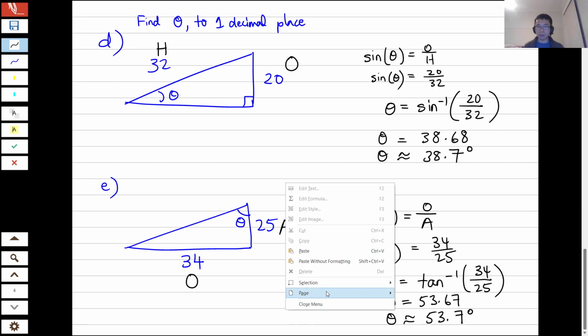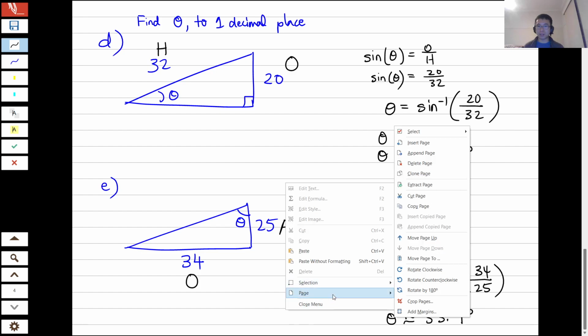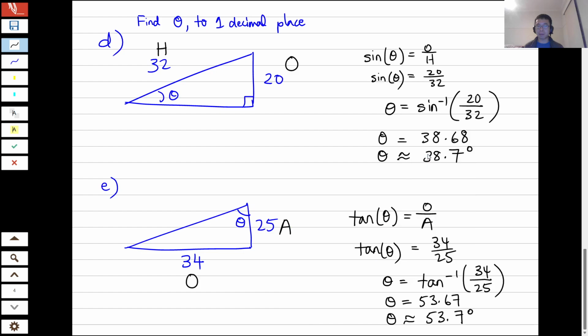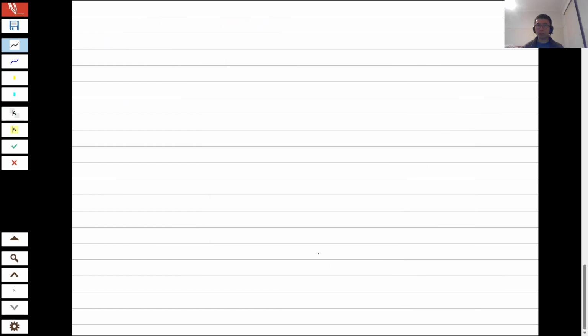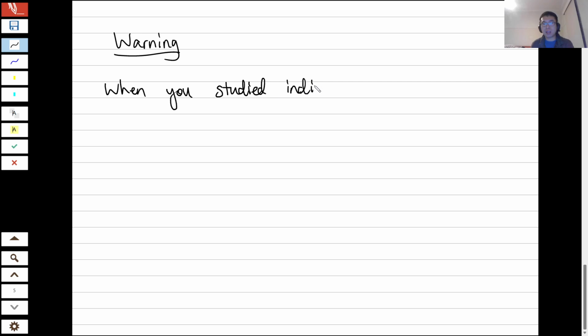And I think it's worth just adding one more comment before we wrap up for today, with a warning. And that is, when you studied indices, you wrote x to the power of minus 1 as 1 divided by x.